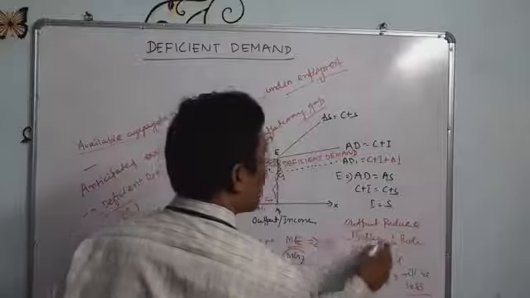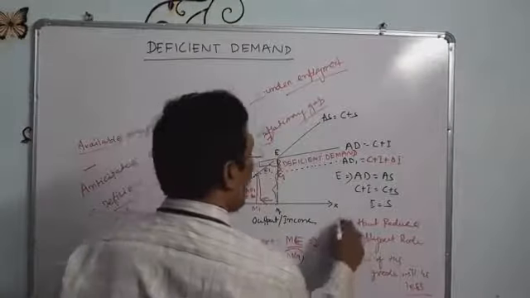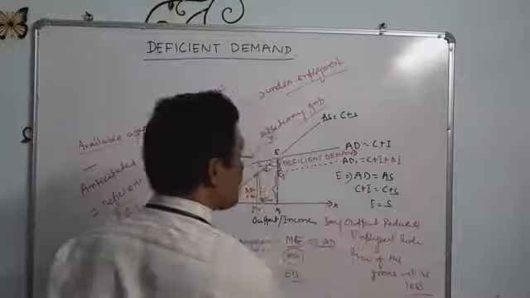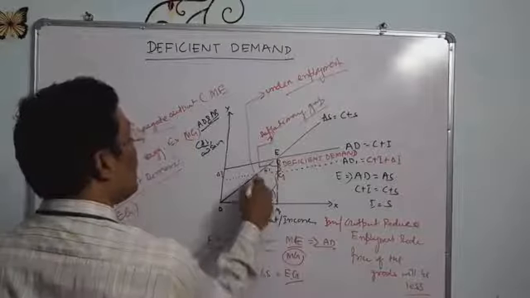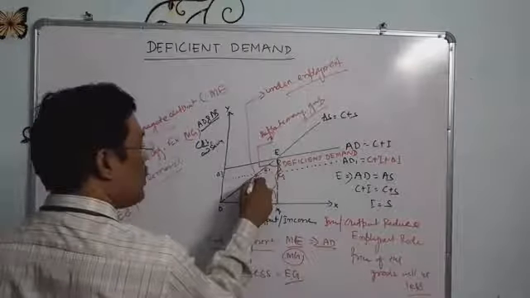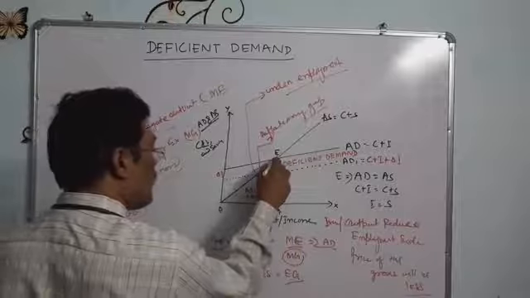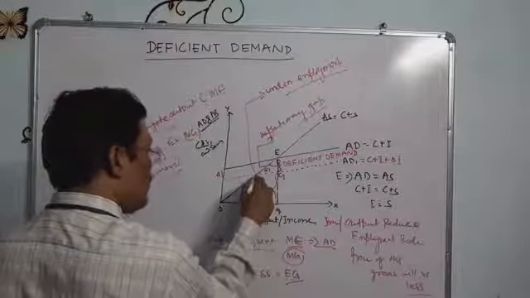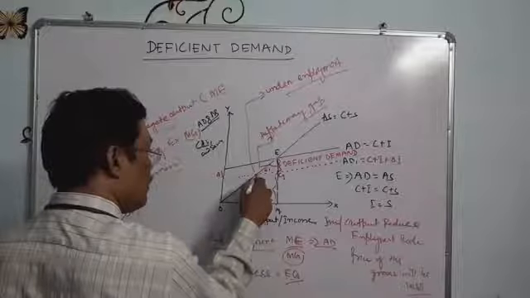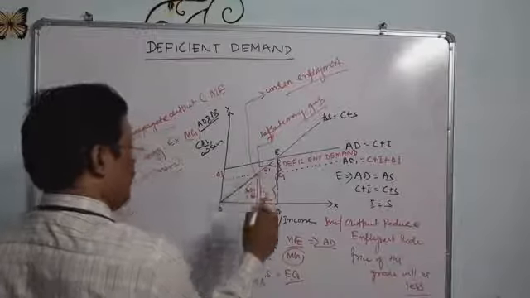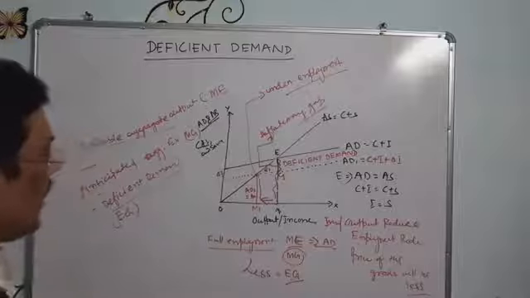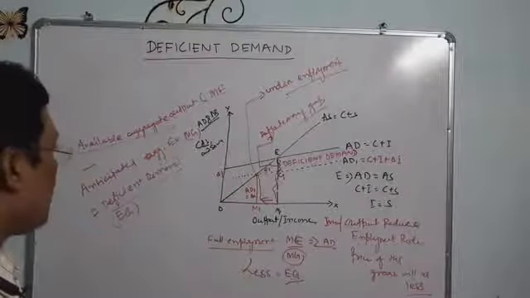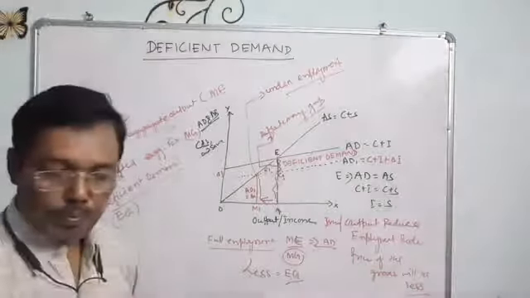That is, E1 is the underemployment situation, because previously it was this situation. So from this situation to this situation will reach the equilibrium. At that time, what are the steps we require to reach this equilibrium?